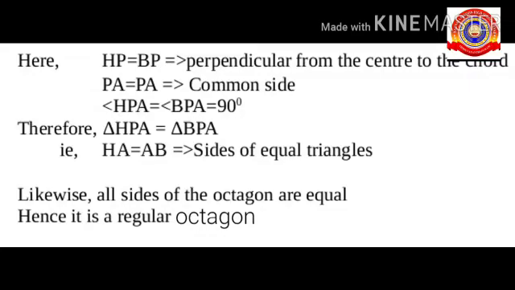Therefore, triangle HPA is congruent to triangle BPA. That is, HA is equal to AB because they are corresponding sides of congruent triangles. Likewise, all sides of the octagon are equal. Hence, it is a regular octagon.